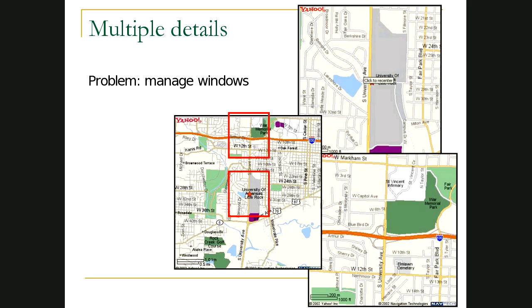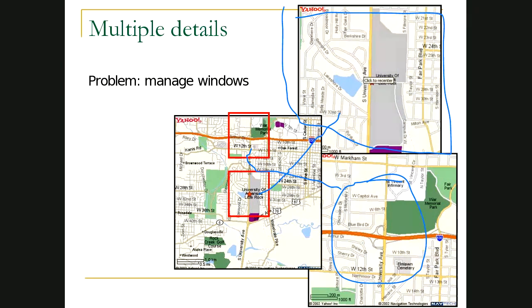This is the solution. I have two details. So there's no rule that I cannot have more than one detail. So this is one detail that has links here, university, and this is the interchange right there. So I can see the overview of the map and details.